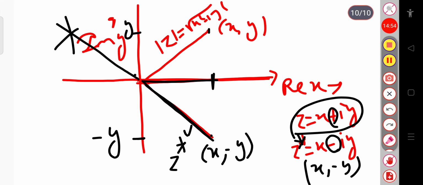So only the y part will be negative, so it will lie only in the mirror image with respect to the x axis.